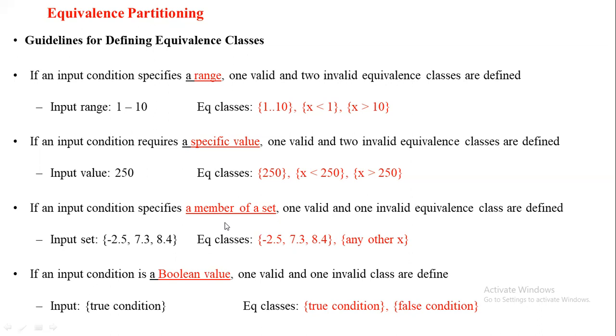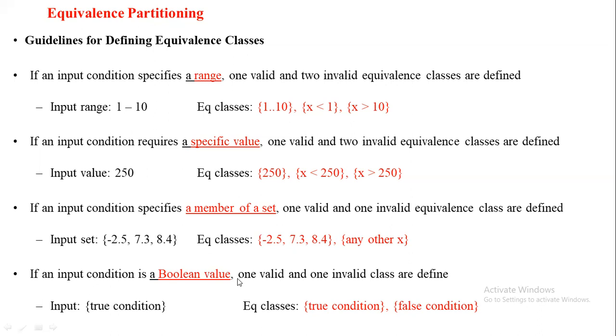Then the third guideline: if my input condition is a member of a set, say I have taken three values in a set, then I have to give one valid value, which is a member of the set, and one invalid value, which is any number other than those in the set. The fourth condition is, if my input condition is a Boolean value, in this case also I have to take one valid and one invalid class.